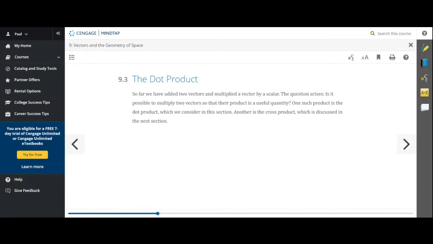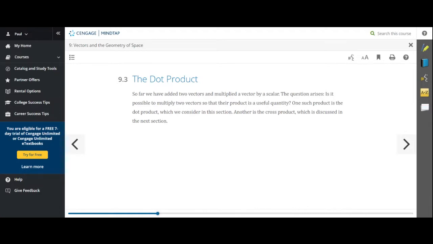Like if you're pulling a wagon along a road, and you're holding it by the handle, you want to know what part of the force you're applying on the handle is doing the work of moving the wagon horizontally along the road. So the dot product relates to that kind of application.